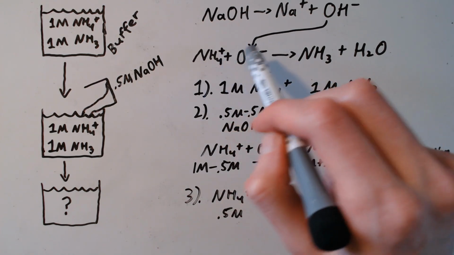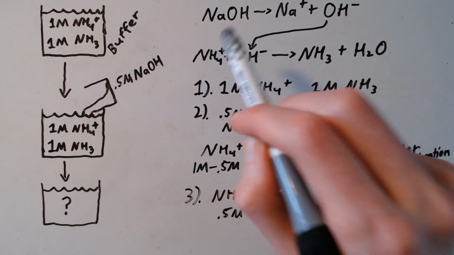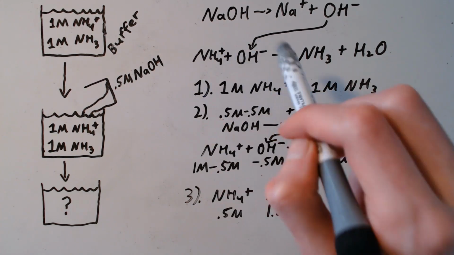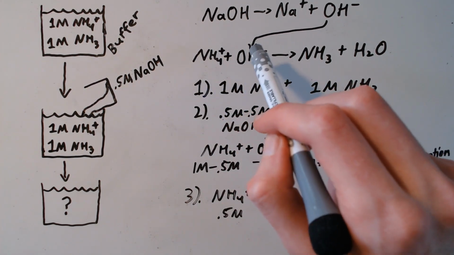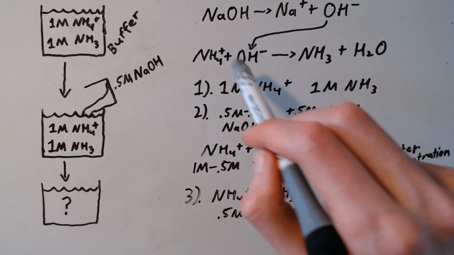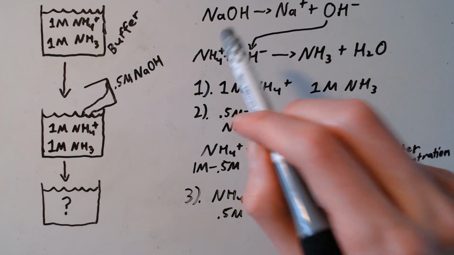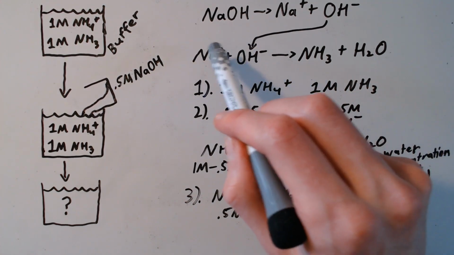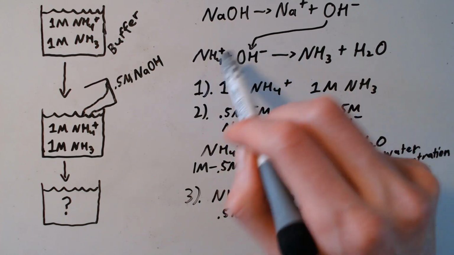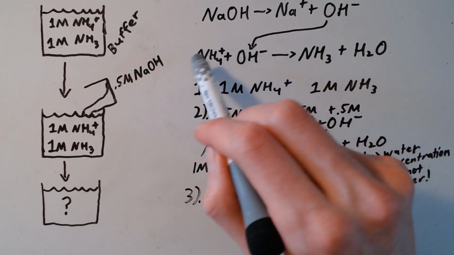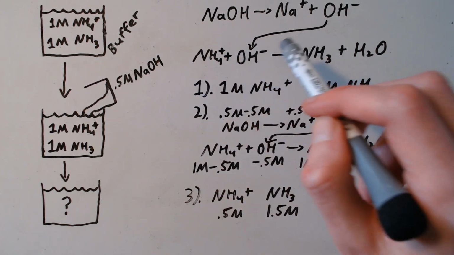It is so strong that it pulls as many H pluses as many OH minuses can actually bind to these H pluses. So if there's one OH minus, it'll pull off one H plus. If there's 10,000 OH minuses, it'll pull off 10,000 H pluses. If there's 0.5 molar OH minuses, it's going to pull off 0.5 molar of H pluses because it's so strong that it doesn't matter that this is a weak acid. It will pull off these H pluses no matter what.